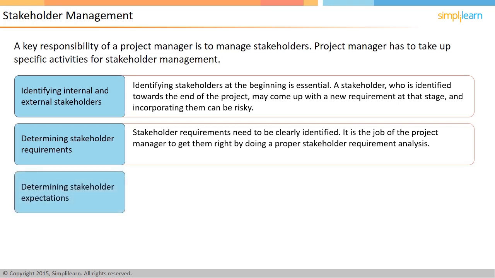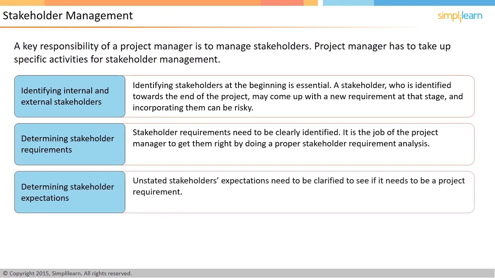Determining stakeholder expectations. Stakeholders might also have some unstated expectations, which need to be clarified to see if it can become a project requirement. It is again the role of the project manager to determine the stakeholder's expectation. Communicating with stakeholders.